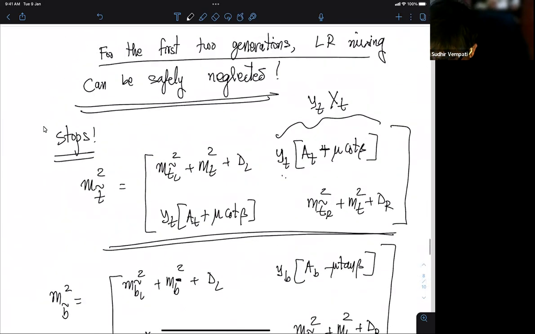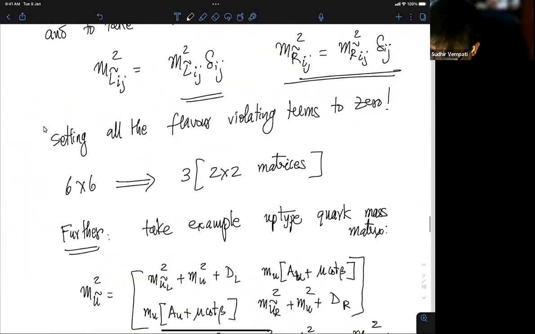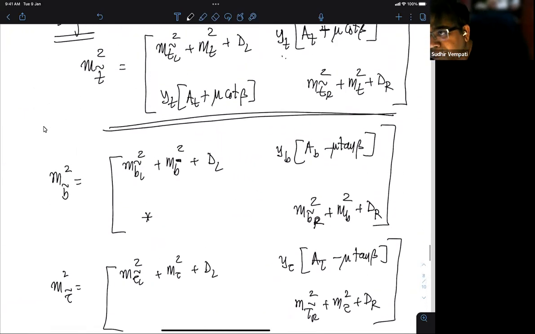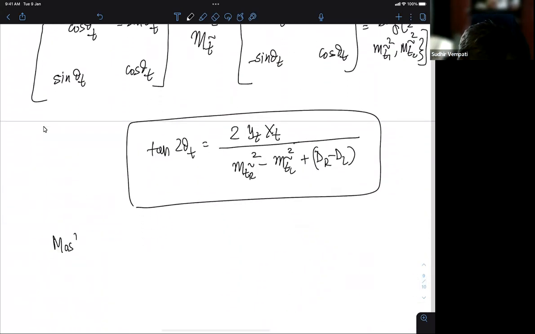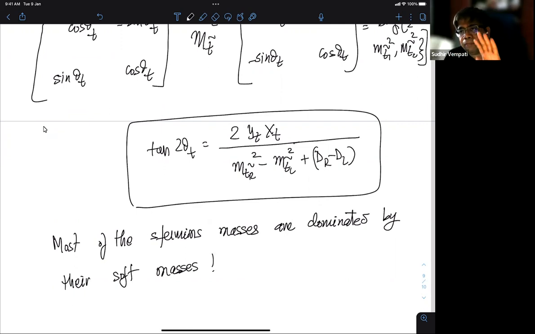When you are discussing sfermion mass matrices, there is one very important condition you have to take into consideration. Most of the sfermion masses are dominated by their soft masses, except, for example, for the stop.